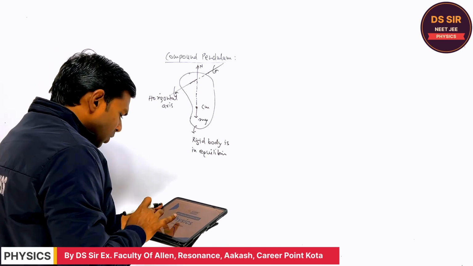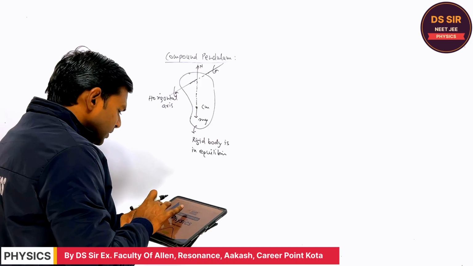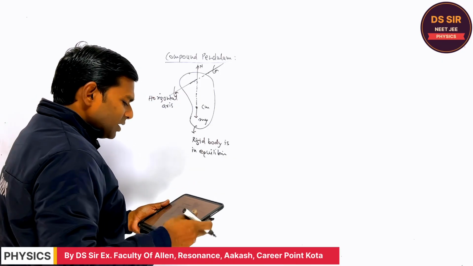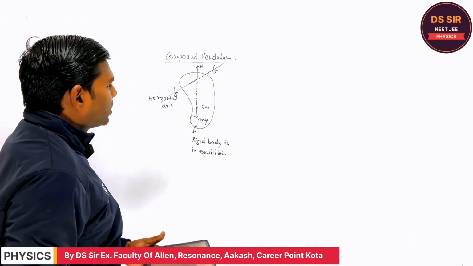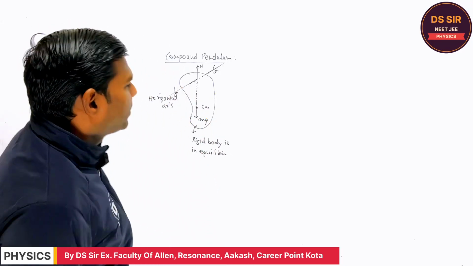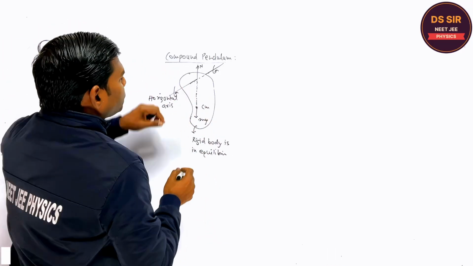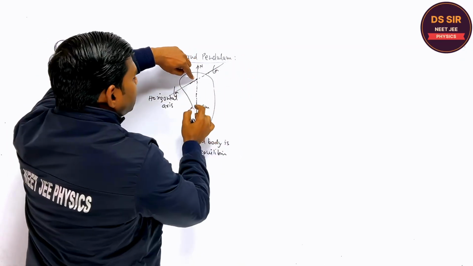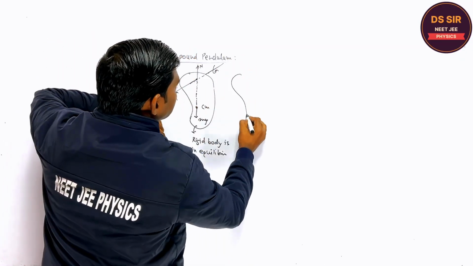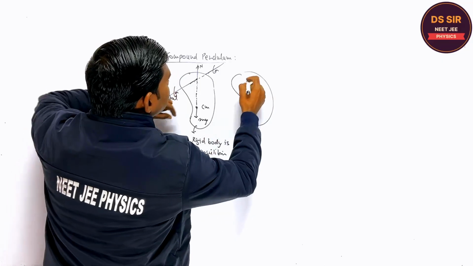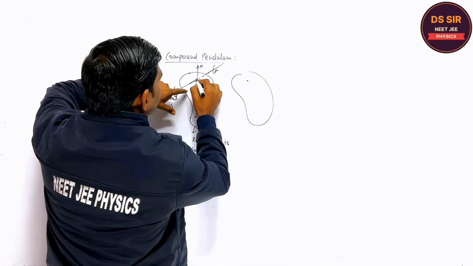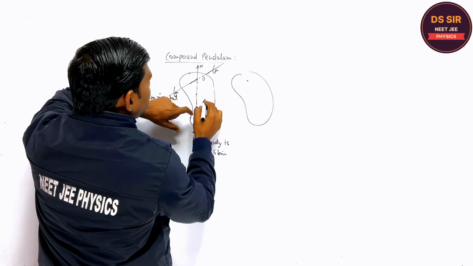For this compound pendulum we have to find the time period of oscillation. To find it, we have to displace the body a little bit. Suppose this is the horizontal axis, this is the point of suspension, and this is the center of mass.